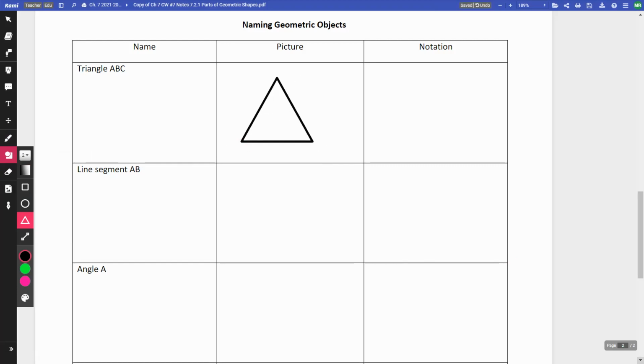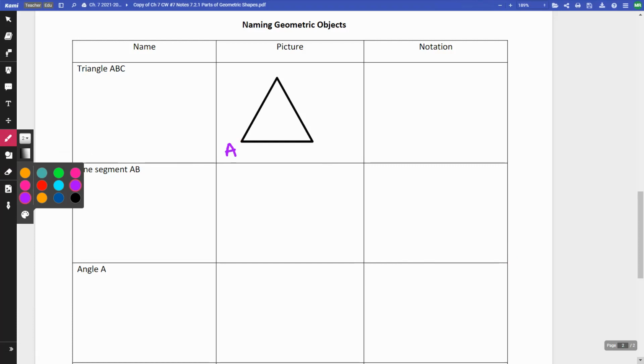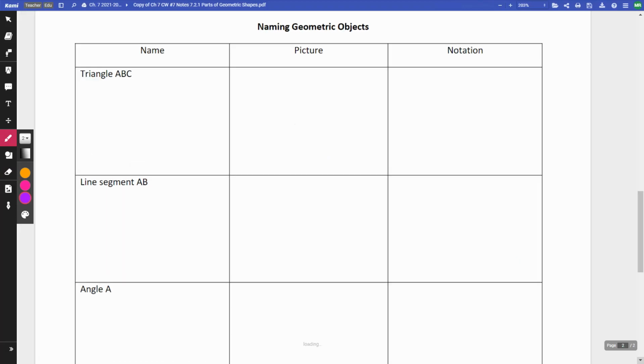And we want this to be triangle ABC. So one vertex is A, one vertex is B, one vertex is C. And the notation for this, you're going to write a little triangle in front of the letters A, B, C, and that denotes triangle ABC.